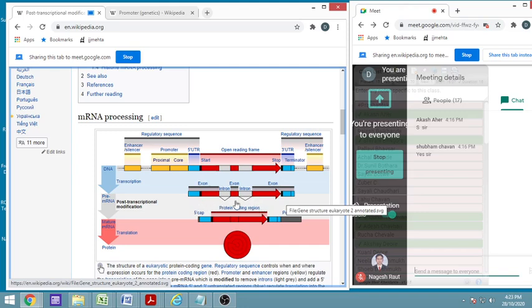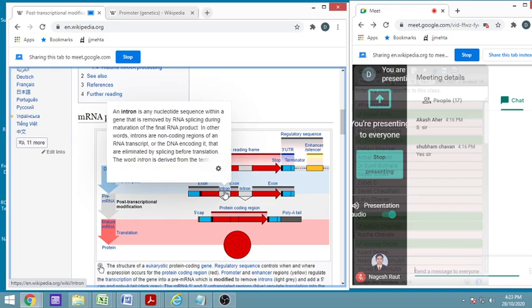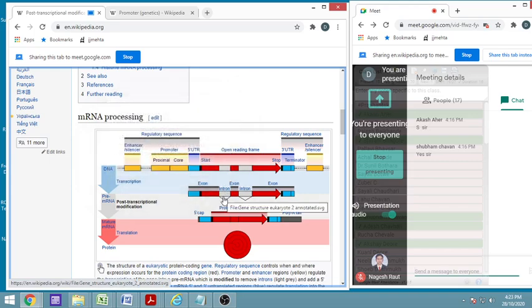But as I told you, it has exons and introns. We have discussed this, an intron is the nucleotide sequence within a gene that has to be removed by the RNA during splicing, because this area does not code for protein or amino acid sequences, and it has to be removed.